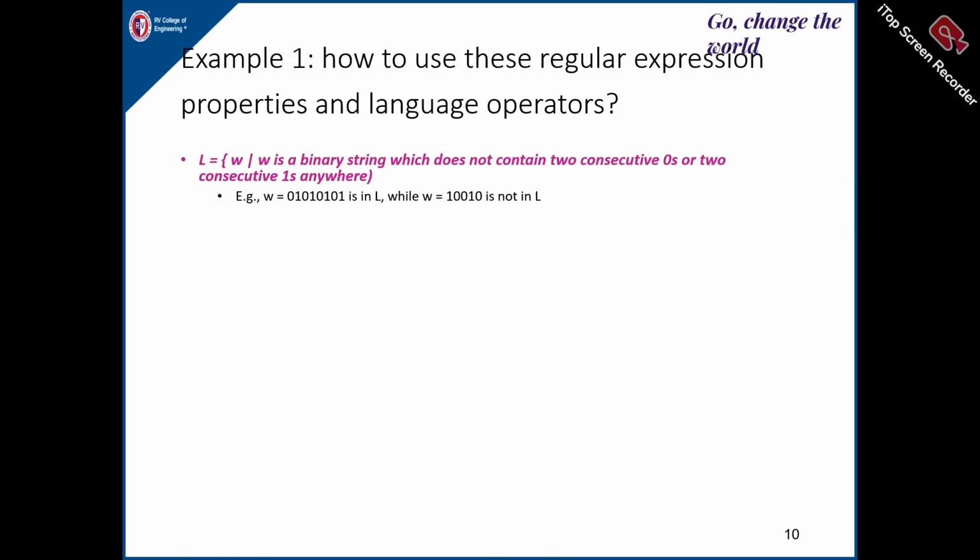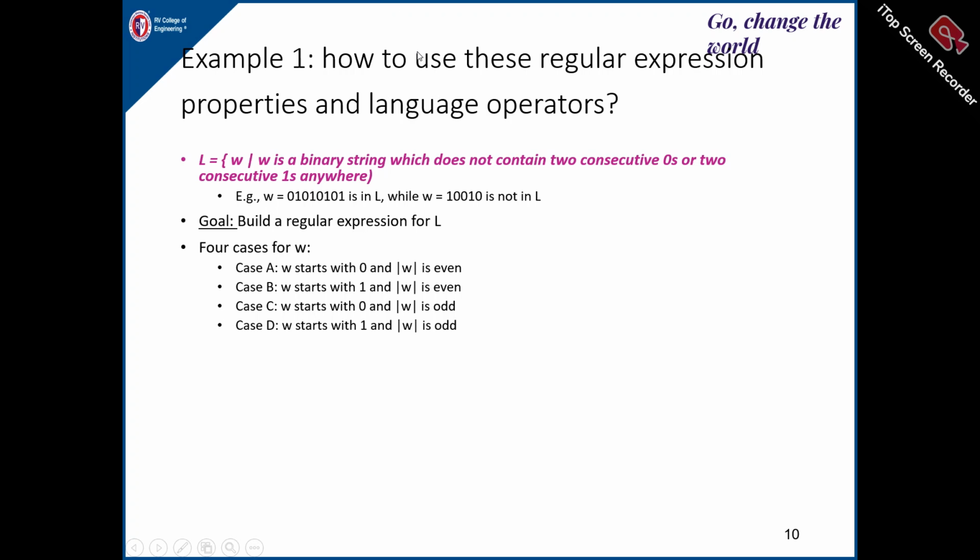Now, how do we use this regular expression and the language operator? Suppose we see an example. Suppose L is equal to W such that W is a binary string, meaning sigma is equal to 0, 1, which does not contain two consecutive zeros or two consecutive ones anywhere.